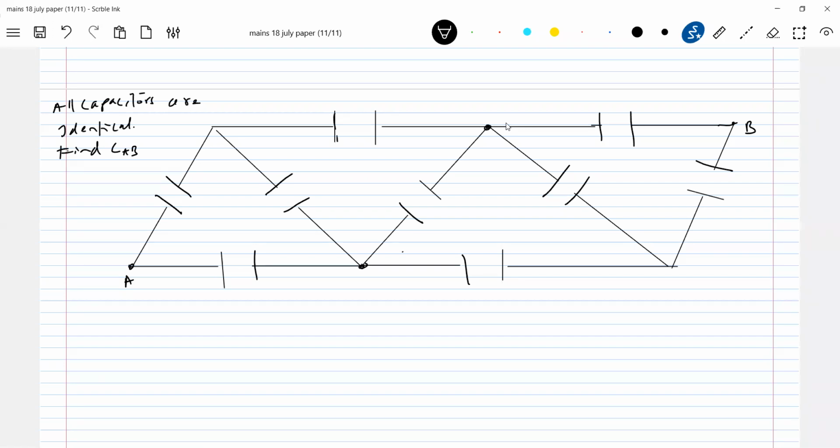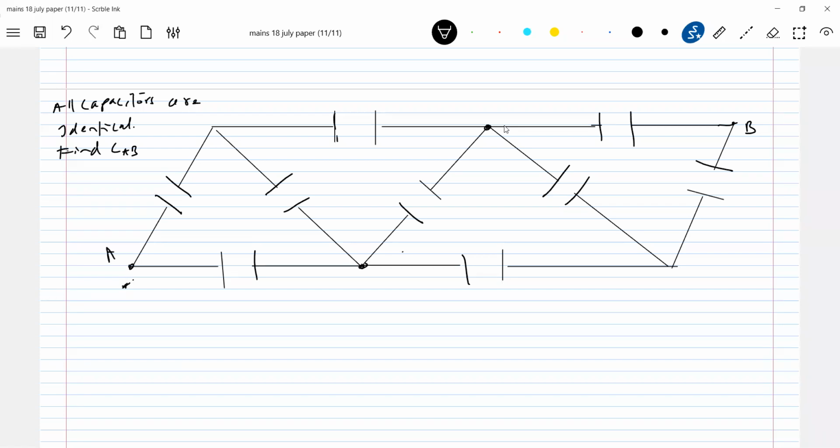So what is the best way? Taking help of one cell, rather than fighting with this. So we'll assume a cell is connected across AB. We'll push some charge through the cell. So go for this. So here I'll proceed like this.